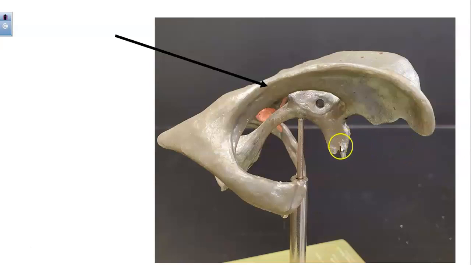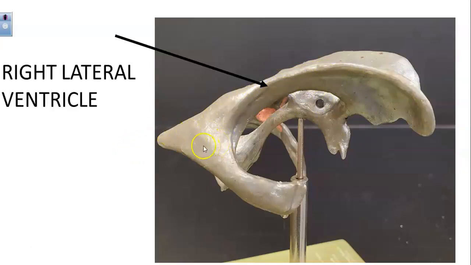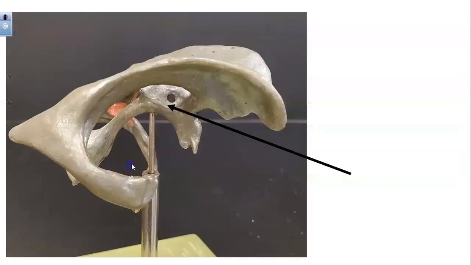Okay, so if this is facing the front, this that's going around the corpus callosum on this side, you would be looking at your right lateral ventricle. So this is the right lateral ventricle. On the other side that we're not seeing on the model would be the left lateral ventricle. So this whole side here is the right lateral ventricle.